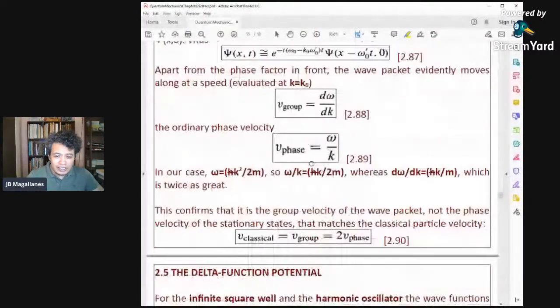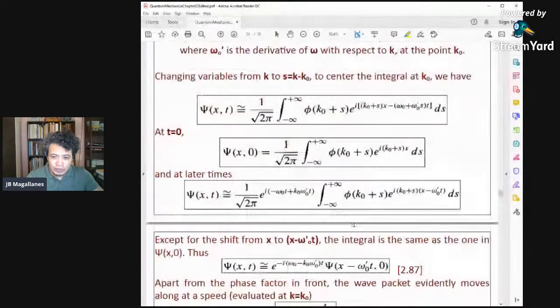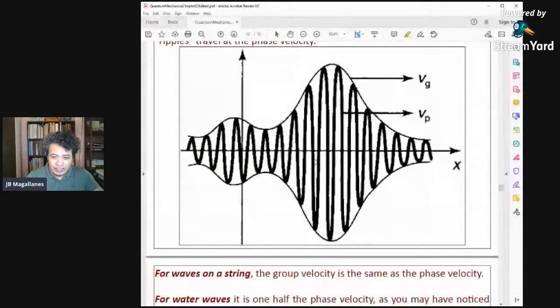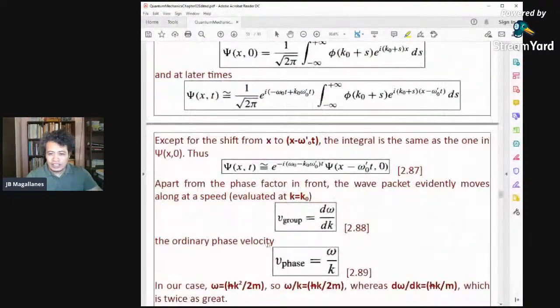The group speed is just equal to the classical speed, which is twice the speed of the waves inside the group here. I hope you understand a little bit.